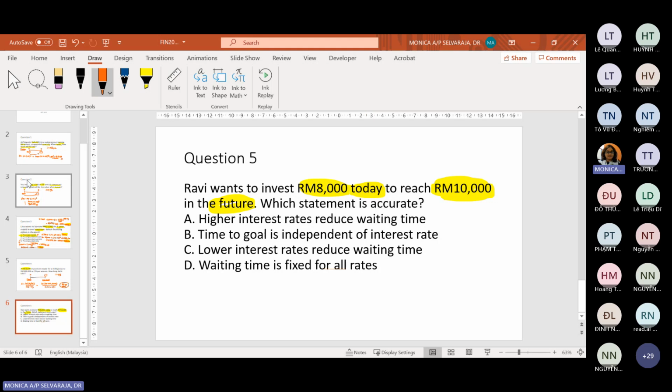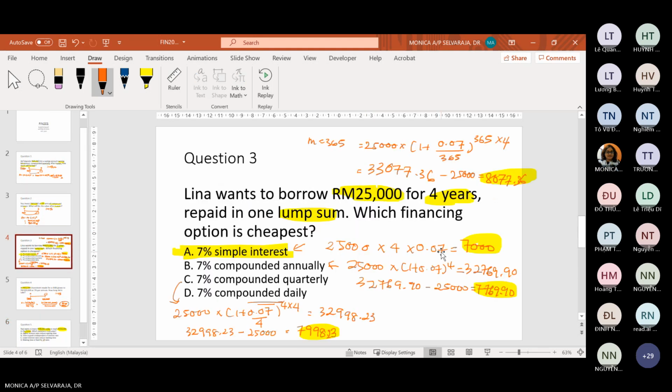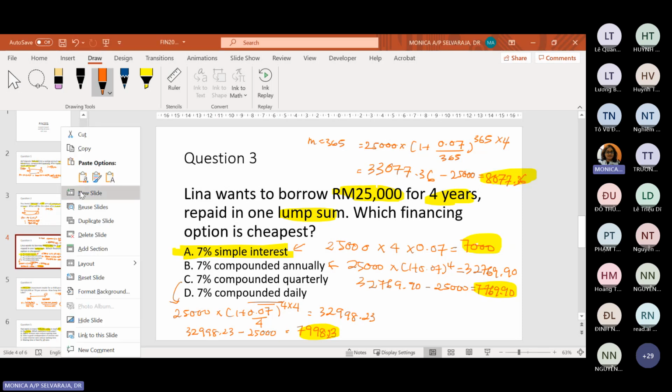Question 3, what is lump sum? Oh, okay. Sorry, guys. Okay, lump sum means you borrow and you pay one time in total amount. You cannot hear me, is it, guys? What's the problem?